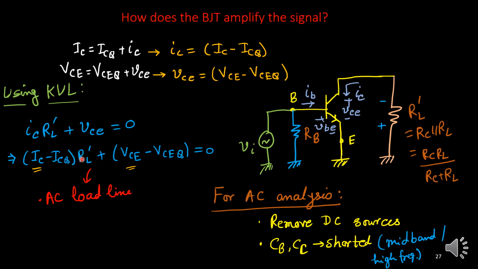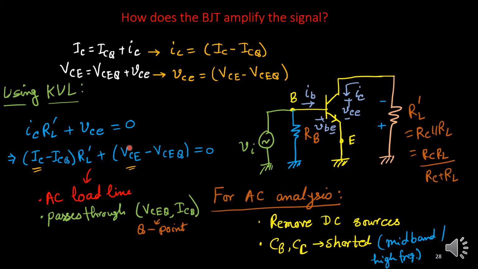You can note that this AC load line is also passing through the Q point. If I replace IC by ICQ and VCE by VCEQ, this is the Q point, x comma y, VCEQ comma ICQ.